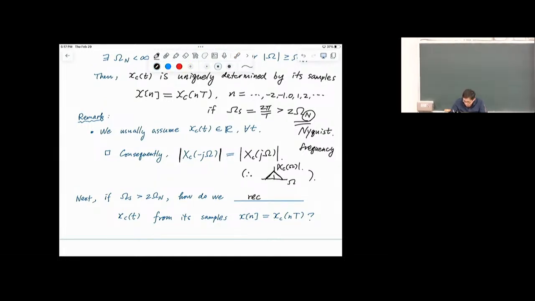How do we reconstruct the signal from its samples? How exactly should we do it? We'll put that to next week.